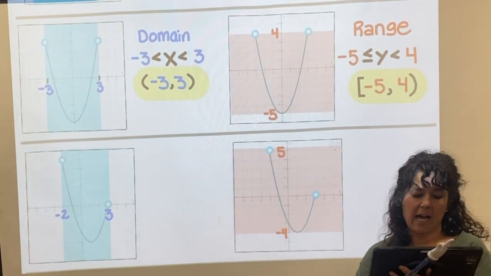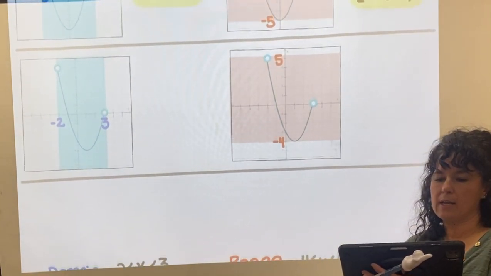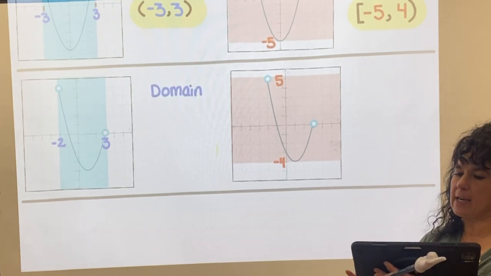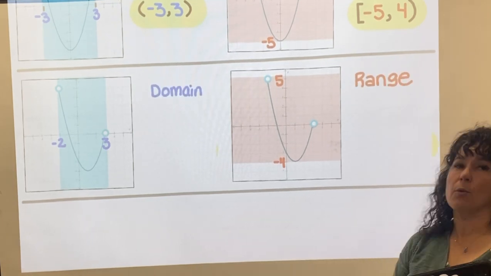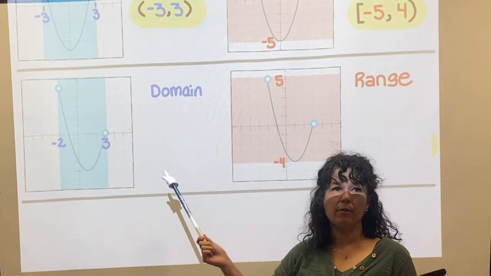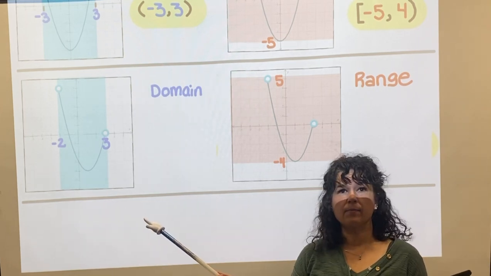Okay, so for this last example I have, maybe you can try to think really quick of what you believe the answer should be for the domain and for the range. Okay, so the domain, maybe think about what your x's are going to be.